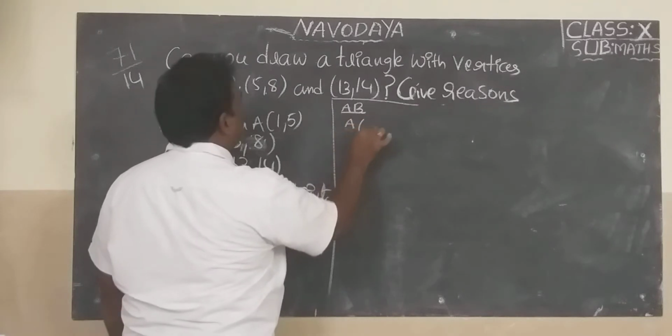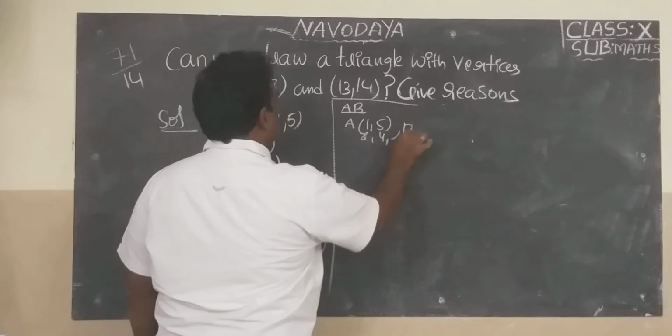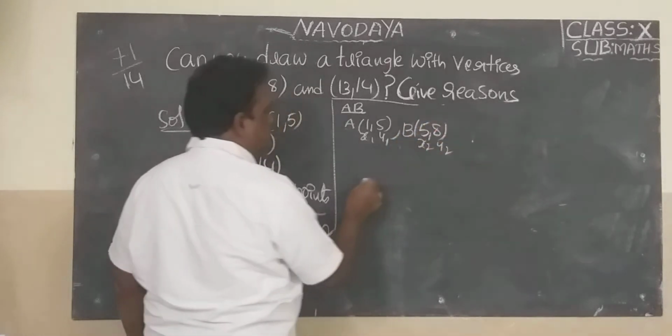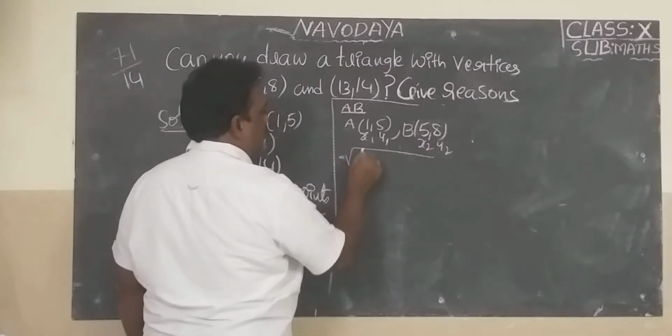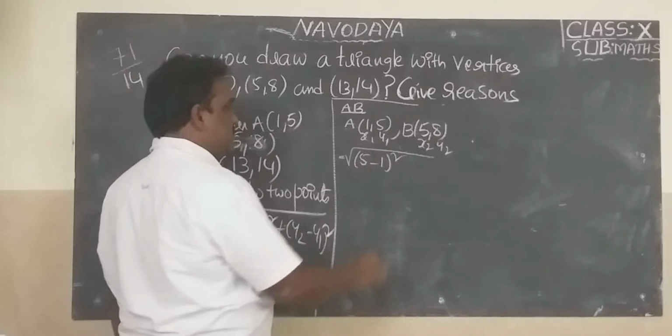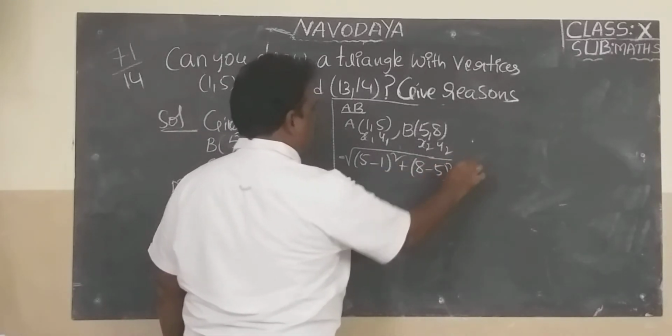A is (1, 5), let it be x1, y1. B is (5, 8), let it be x2, y2. Substitute: root of (5 minus 1) whole square plus (8 minus 5) whole square.